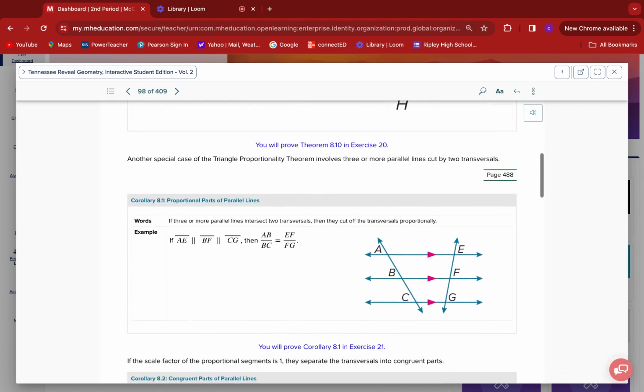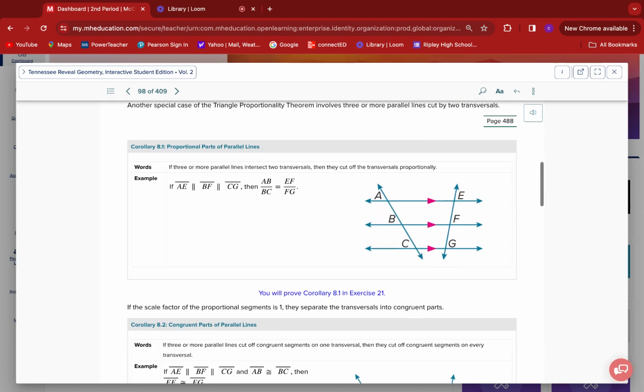Nice little rule. Okay, so if you've got parallel lines cut by transversals, that means these are in proportion to each other as well. So AB will be with BC, that left goes with left. EF will be with FG, right goes with right. And again, you can cross multiply and solve these.